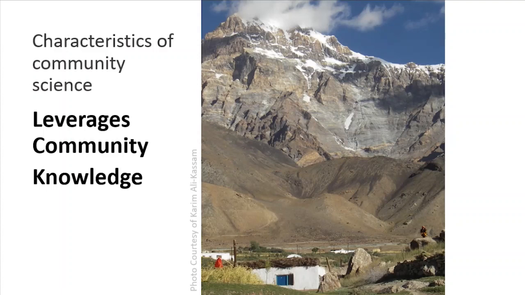One way to think about this is science is a contributor to solving a community challenge, but it isn't the sole contributor to solving community challenges. And it's just as important to reach into the reservoir of community capacity and community knowledge to solve these challenges. An example of this is this picture from a project in the Pamir Mountains of Afghanistan.